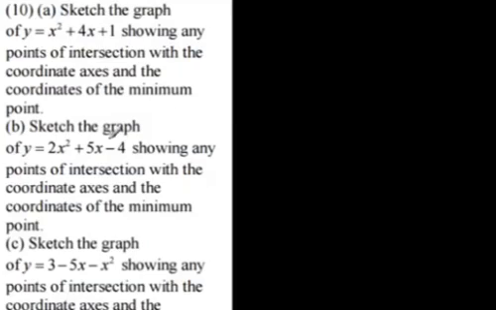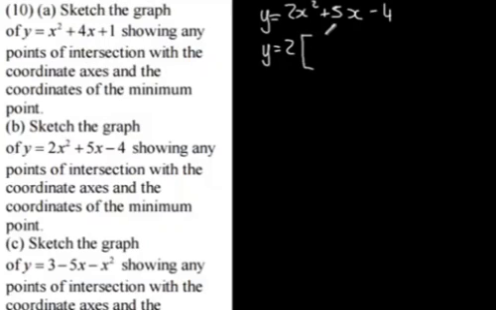So I'm just going to go ahead and complete the square. So y = 2x² + 5x - 4. Taking the 2 out, we've seen this in the previous video, x² + (5/2)x, then we have the -4. y is equal to 2 lots of completing the square.